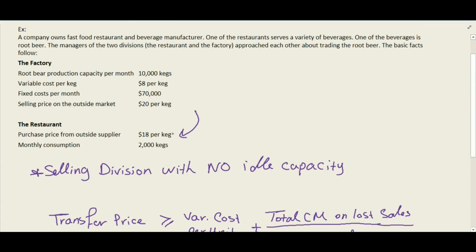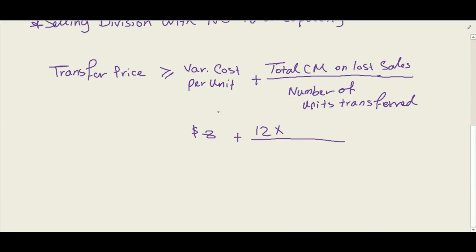So if the restaurant needs 2,000 and the factory is selling all of the 10,000 they have, the capacity per month, they have to cancel some sales to the outside market and sell to the restaurant. So they have to forgo 2,000 kegs sold to the outside market to supply the restaurant.